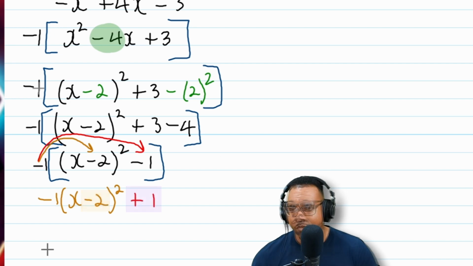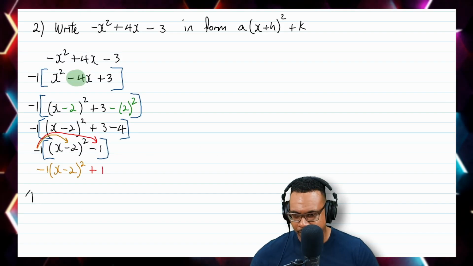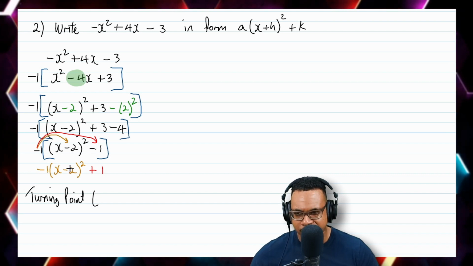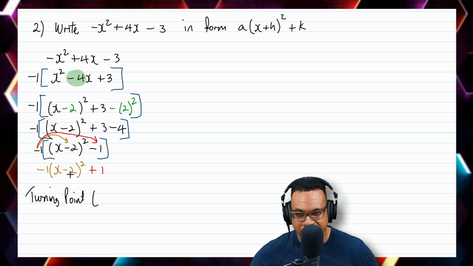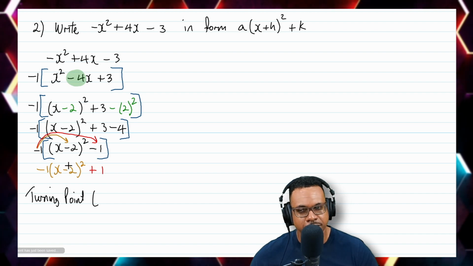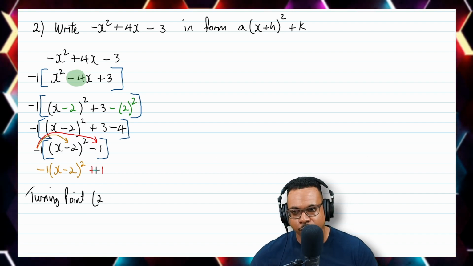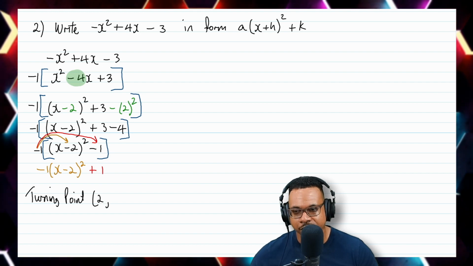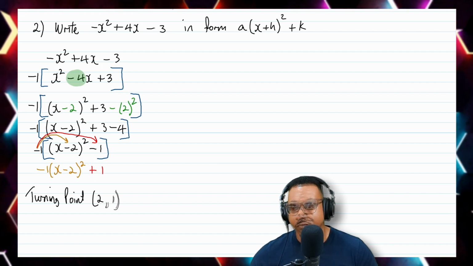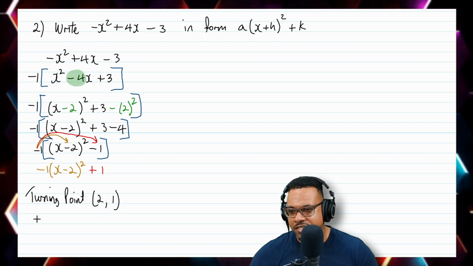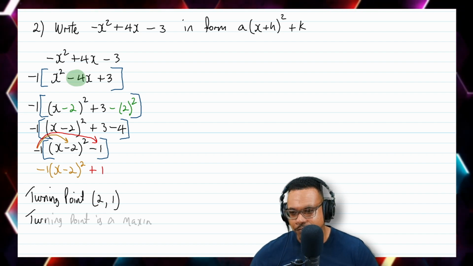So for the x component, you look at this number inside the brackets and change the sign. It's negative 2, change it to positive, so positive 2. And then take this number on the outside, positive 1, which is the y component of our turning point. And now this turning point is a maximum.